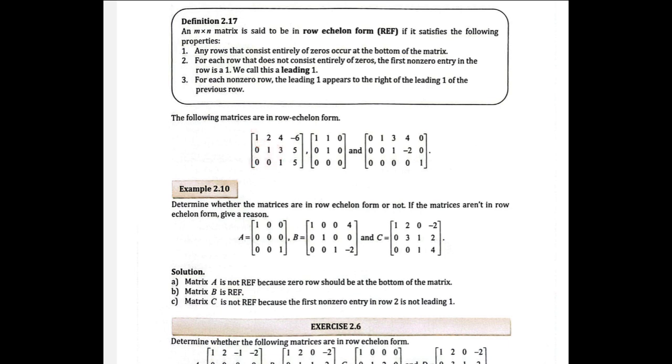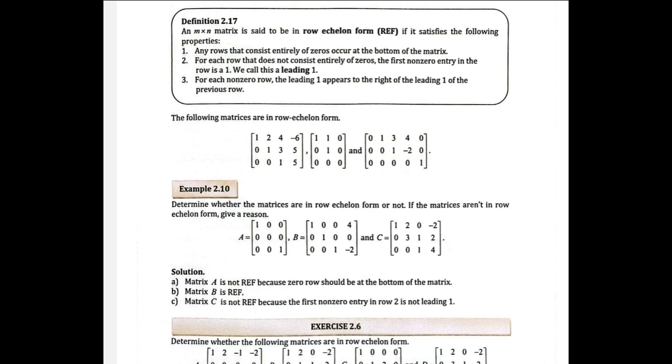It should be after it. So like this one, even though it is shifted, it's still not in this area, so it is considered okay. The same goes for this one, which has entirely 0 at the bottom, so it is still fine. Okay, that is REF.